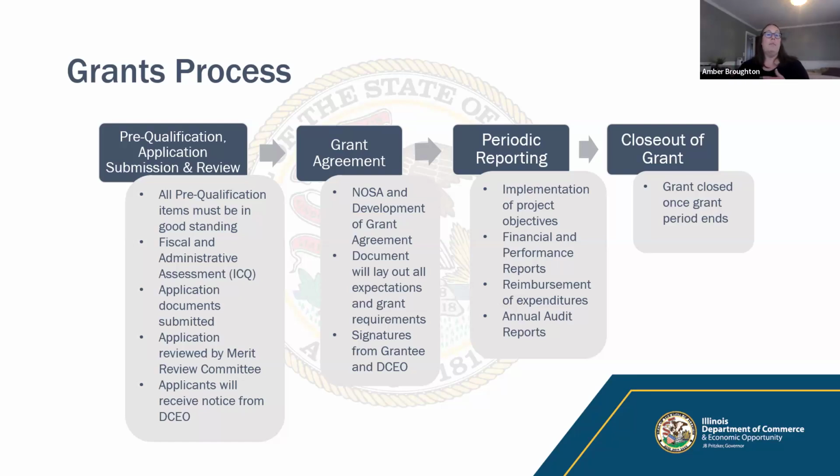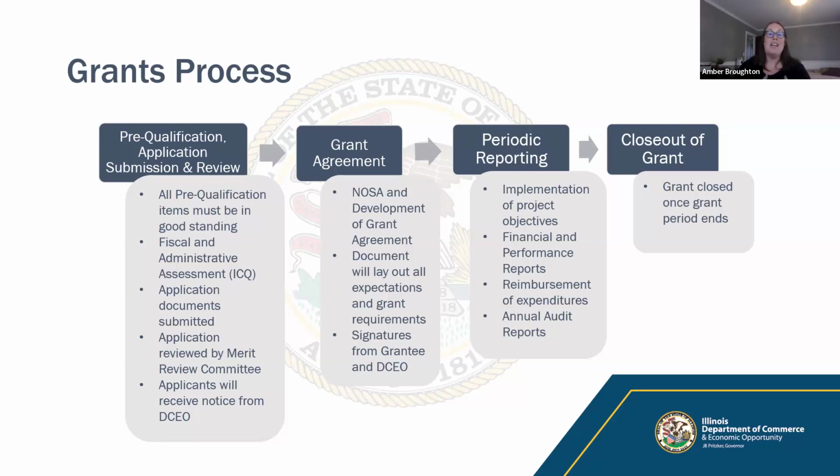On to when you have an active grant, then it's periodic reporting. So once the project objectives are being implemented, you are going to submit regular reports. These are financial and performance reports.